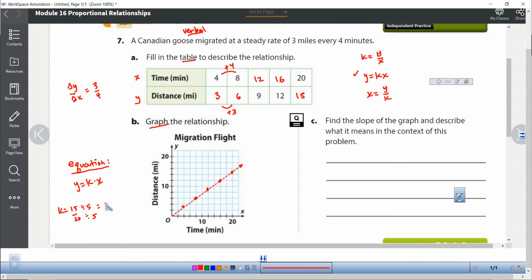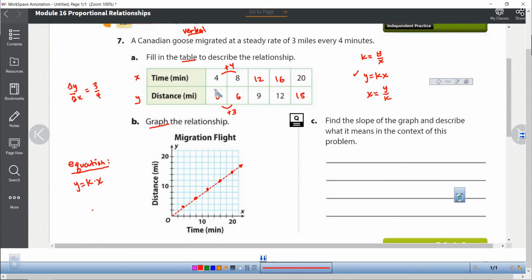I would get 3/4. Well, what if I chose 9 over 12? I divide both by 3, and I get 3/4. So you can see that the value of k is 3/4.